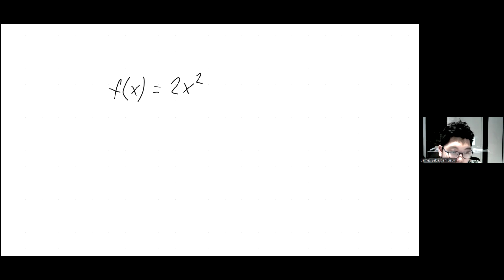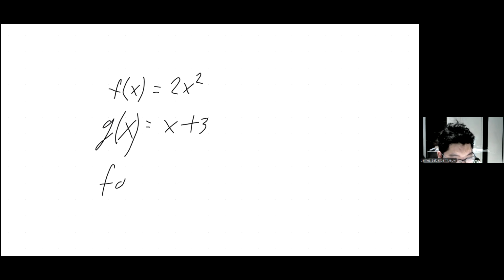And then we have g of x. Say g of x is x plus 3. Well, the composite function fg of x is of course 2 times x plus 3 squared.